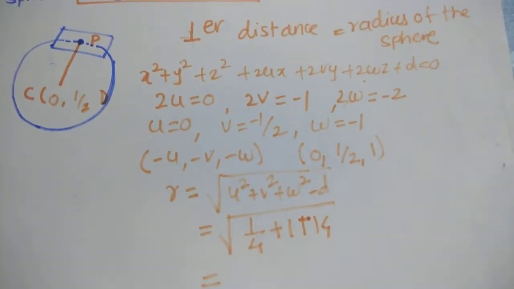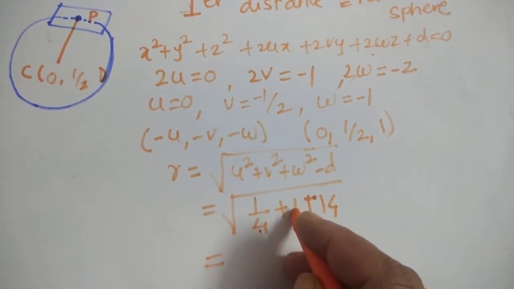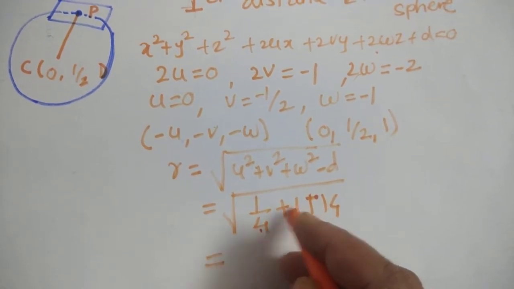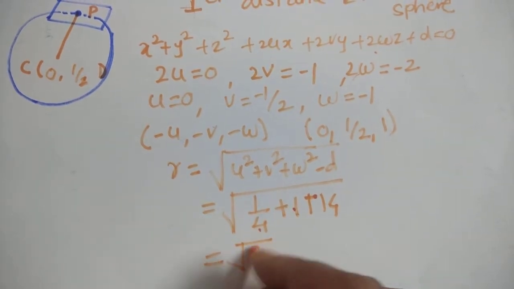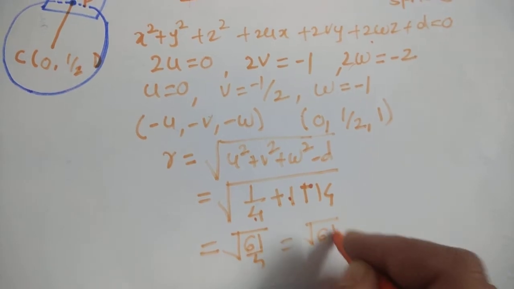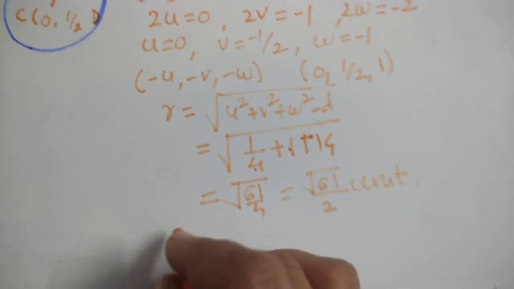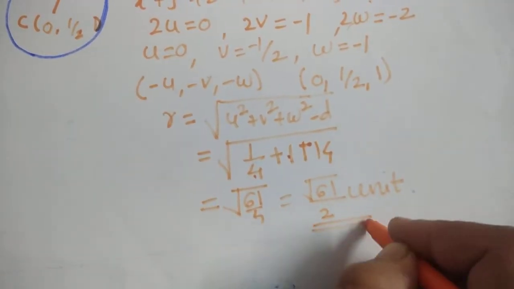On solving this, 14 fours are 56 plus this 4 is 60, and this 1 is 61. Under root 61 upon 4, which is nothing but under root 61 upon 2 units, that is the radius. So the radius is under root 61 upon 2.